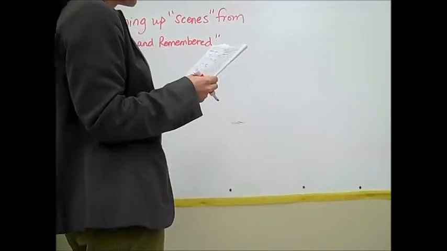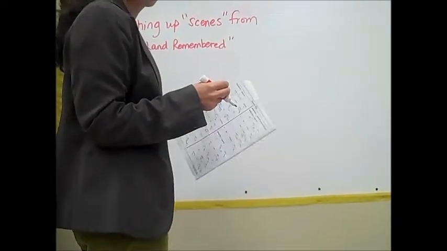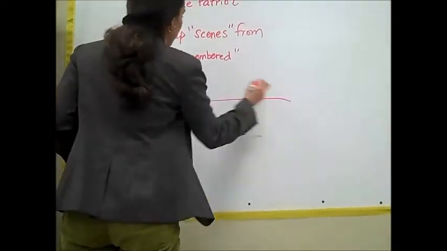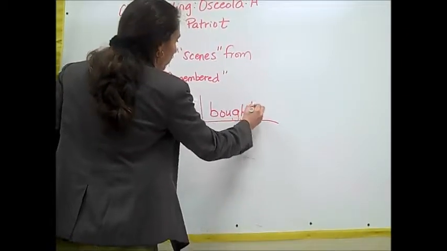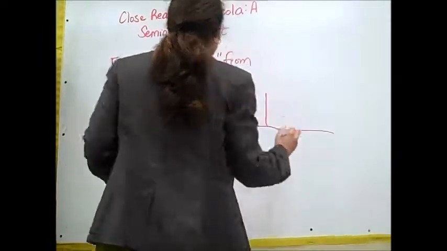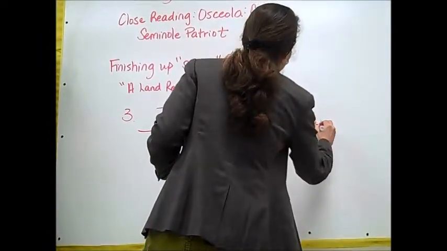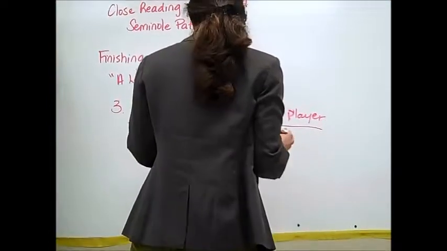Number three, I bought the most expensive CD player in the store. Your subject is I, that's the person doing the action. Bought is your simple predicate or your verb. And what did they buy? CD player. Okay?